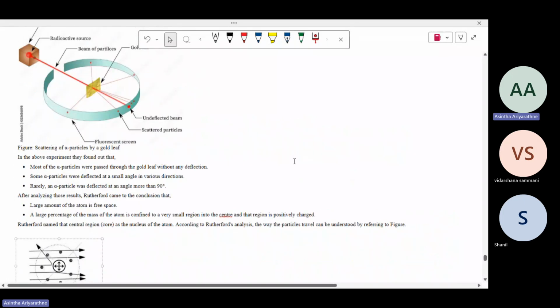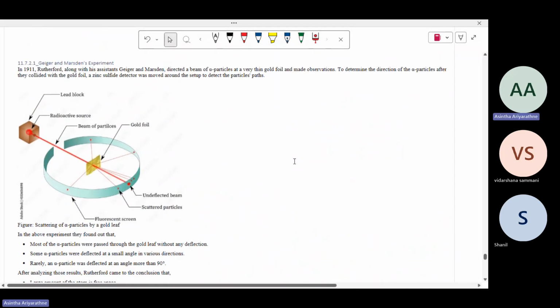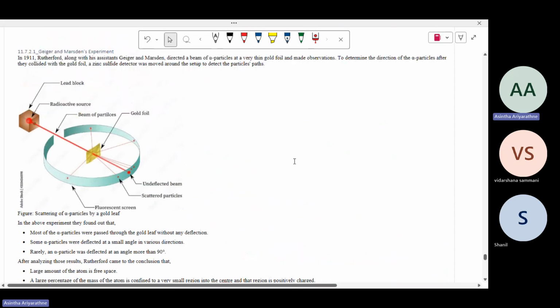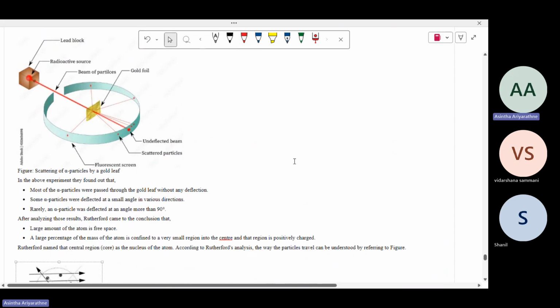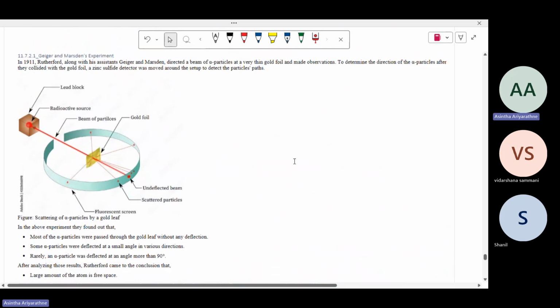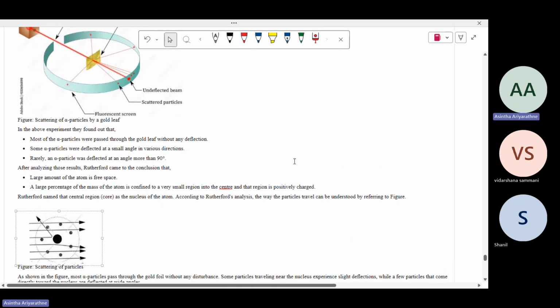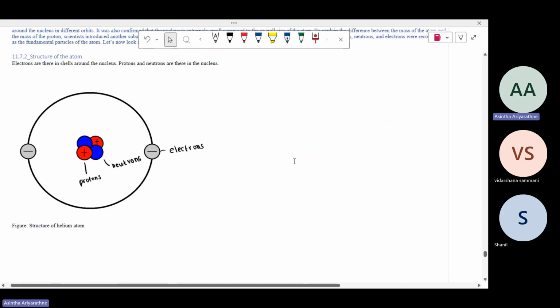And I think you have learned this in chemistry as well. The Geiger-Marsden experiment was basically done to identify the nature of the atomic structure.